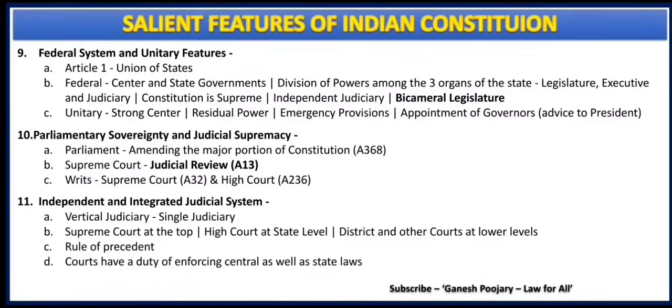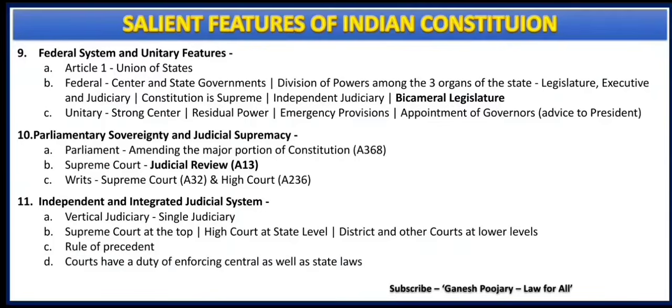The 11th important salient feature of the Indian Constitution is that we have an independent and integrated judiciary system. Now our judiciary system is a vertical judiciary, and here we have the Supreme Court at the top, then we have the High Court, then for criminal cases we have the Session Court, or we have the District Court and other courts accordingly.